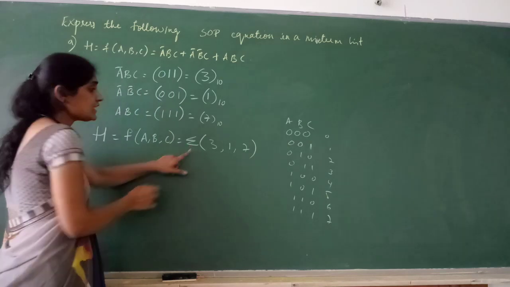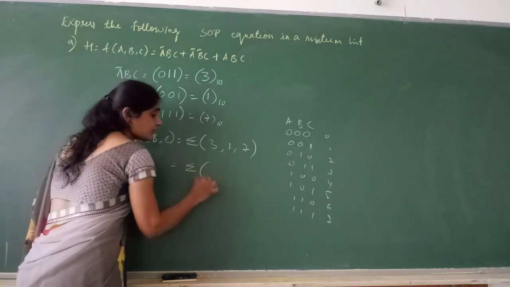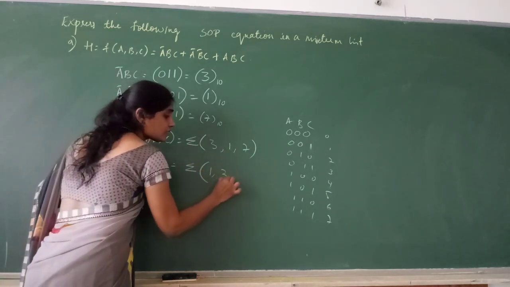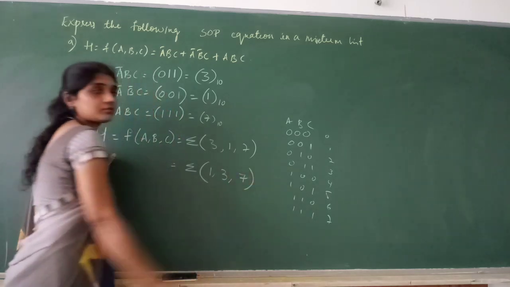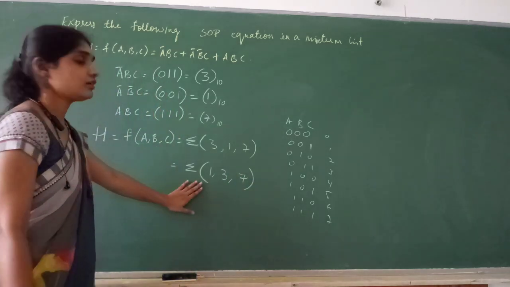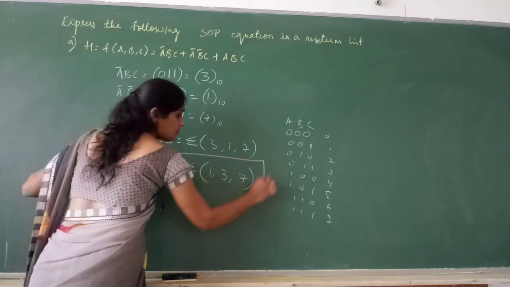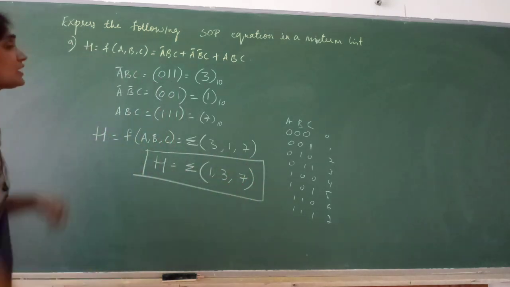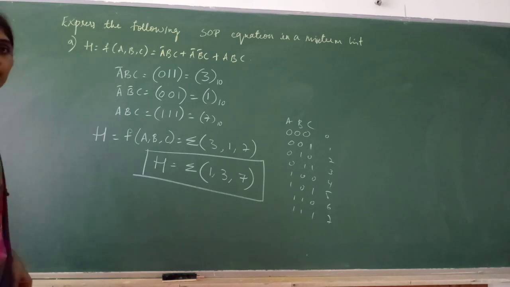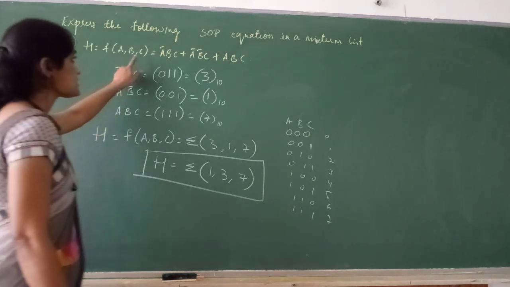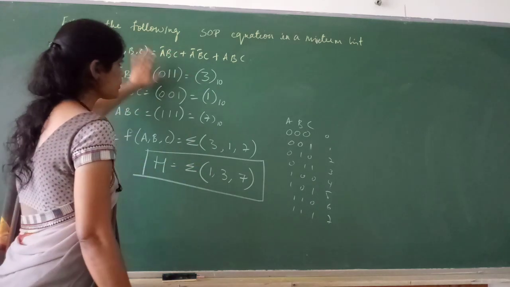But instead of writing like this, it's better you write like this: 1, 3, 7, in increasing order. Okay. So for this question, this is the answer. These are the min terms for the function h. Is it clear? So this is how we list out the min terms for the given SOP.